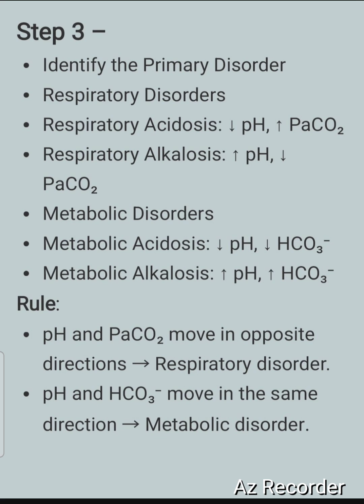In metabolic disorders such as metabolic acidosis, pH will be decreased and bicarbonate will also be decreased. In metabolic alkalosis, pH will be increased and bicarb will be increased. The rule is, if pH and PaCO2 move in opposite direction, then it's a respiratory disorder. If pH and bicarbonate move in the same direction, it is a metabolic disorder.